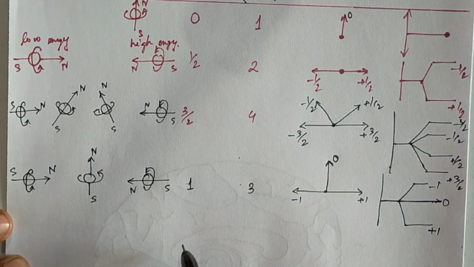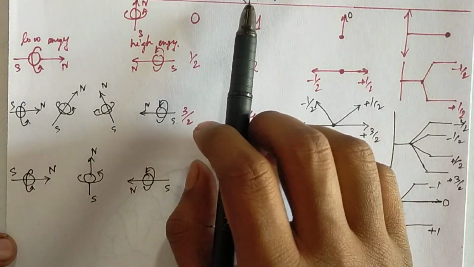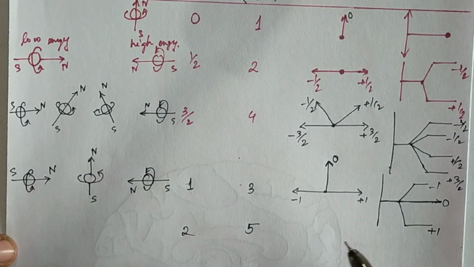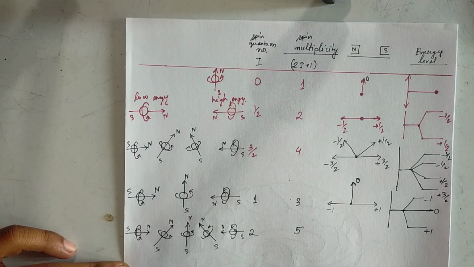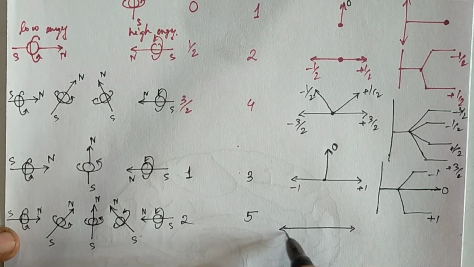Next, if the spin quantum number is 2, then spin multiplicity will be 2 into 2, 4 plus 1, so 5 possible orientations. So these are the 5 possible orientations, and we can represent it like this also.